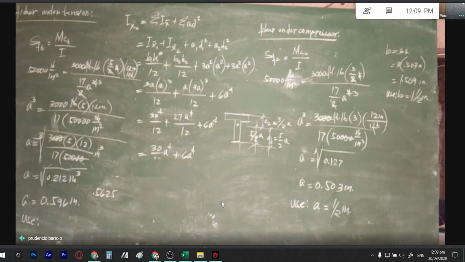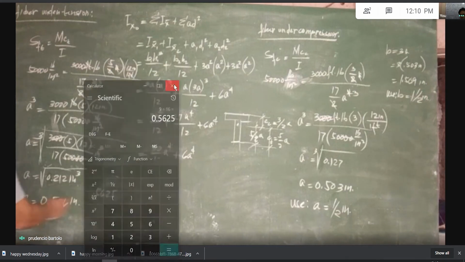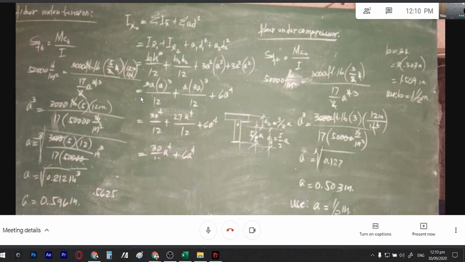5,625. Lower value, higher value. So higher value is 5A, lower value is 9 over 16. We check the 2. That is 0.596 minus 0.5625 multiplied by 100.